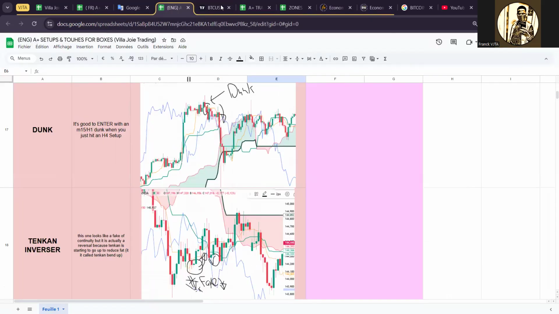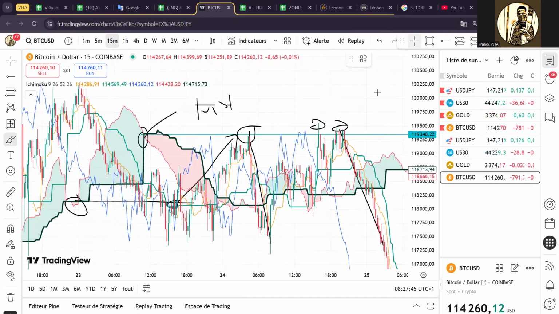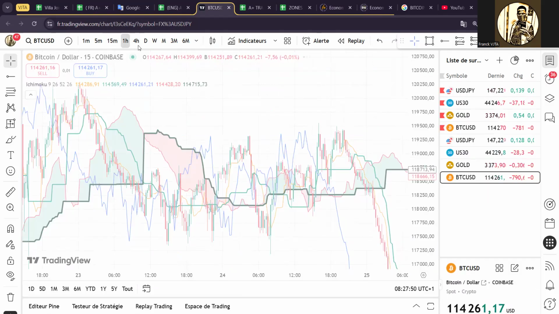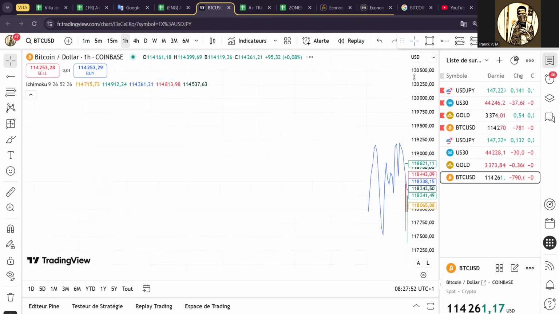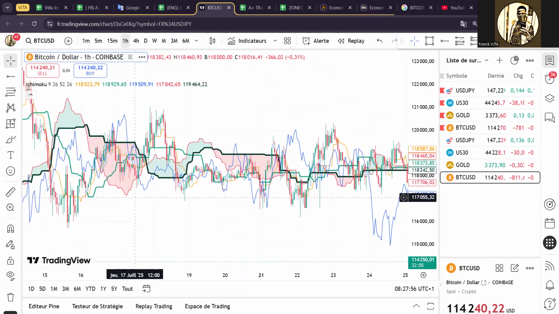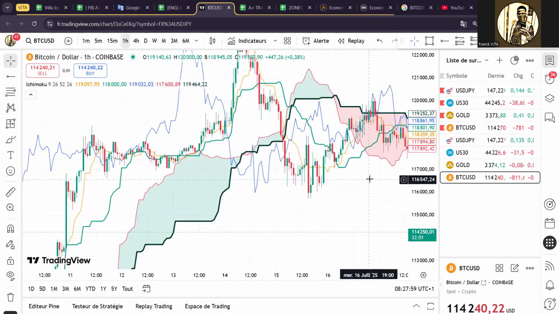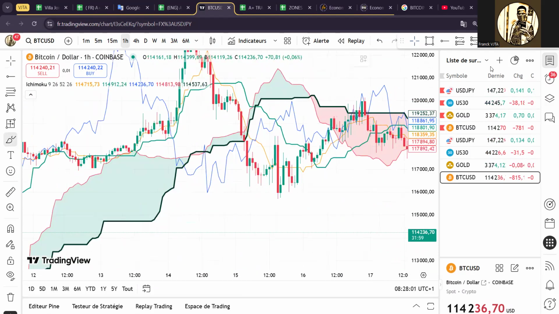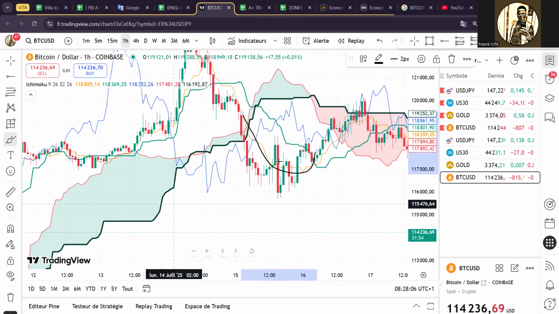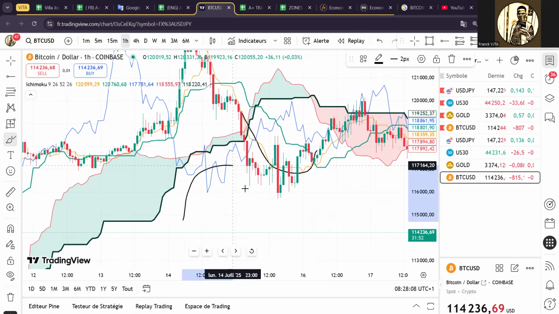Okay, we also have the dunk. It is best to look at the dunk on the 1 hour or 4 hour. The dunk is simply this. This is a dunk, for example. A dunk happens when Tenkan makes a fat curve like this, like a Kobe Bryant shot, like a basketball curve, and then the candle closes below it, like this one.